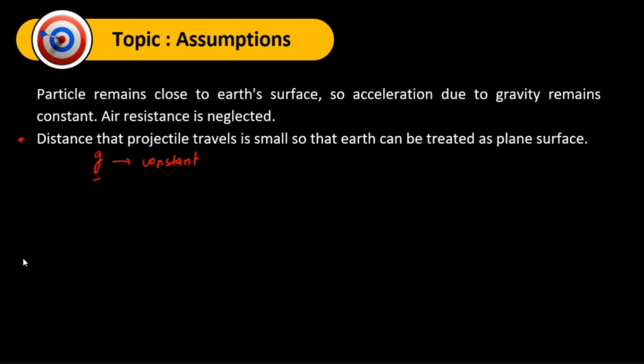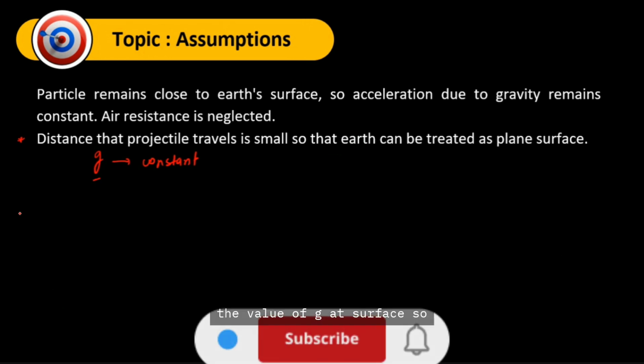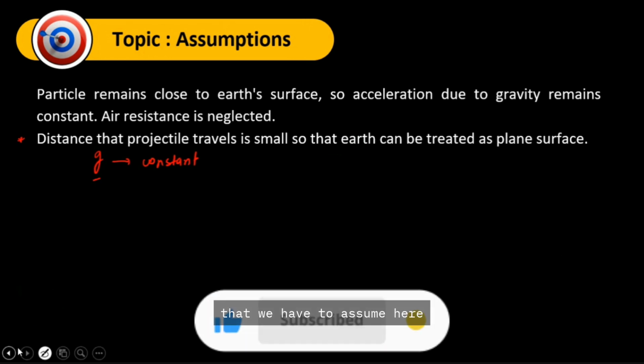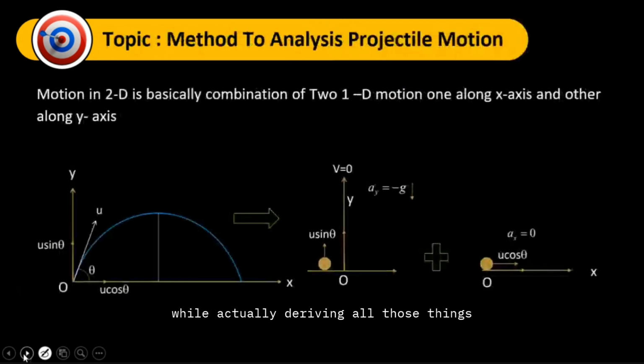If we move upward in the vertical direction to a height comparable to the radius of Earth, then the g value will change. Similarly, when we move into the Earth, at a certain depth, the g value will again change. It will be less in comparison to the value of g at the surface. That is the main thing you have to assume while deriving all these things.